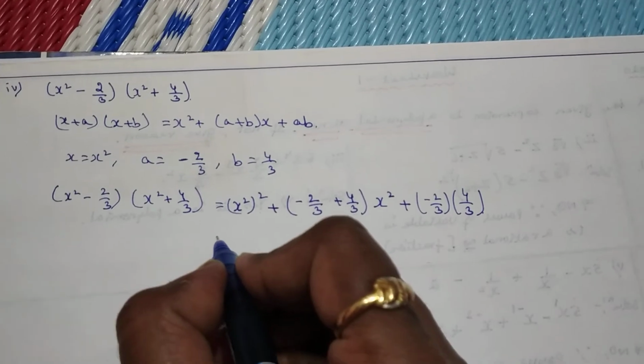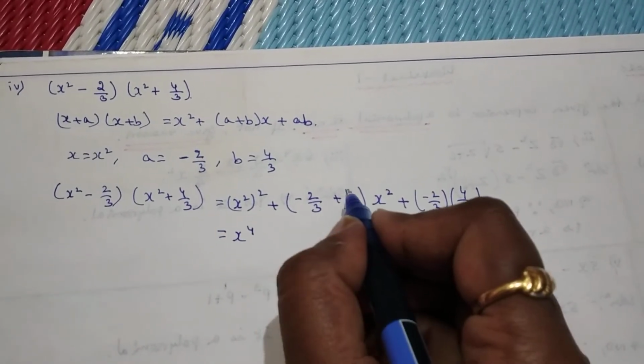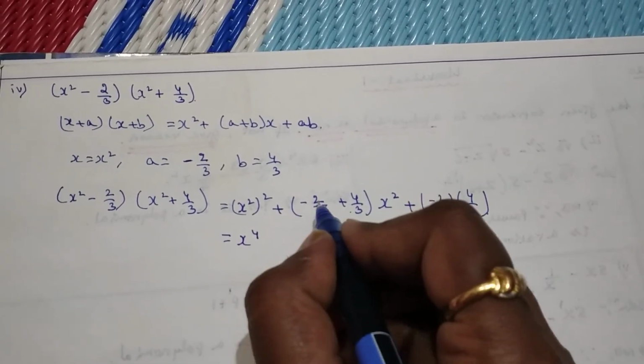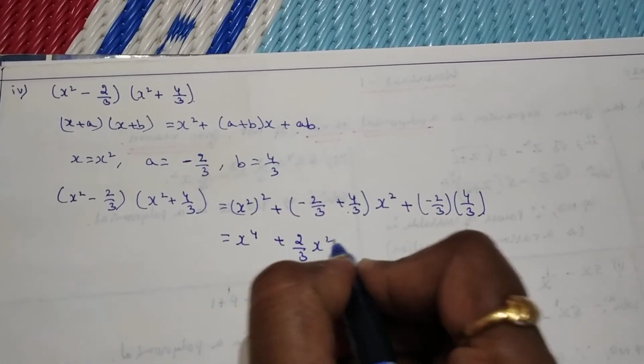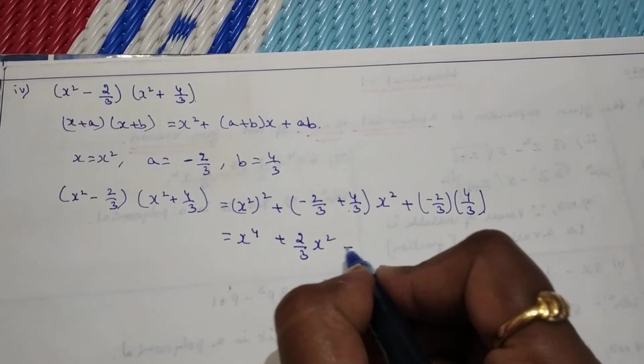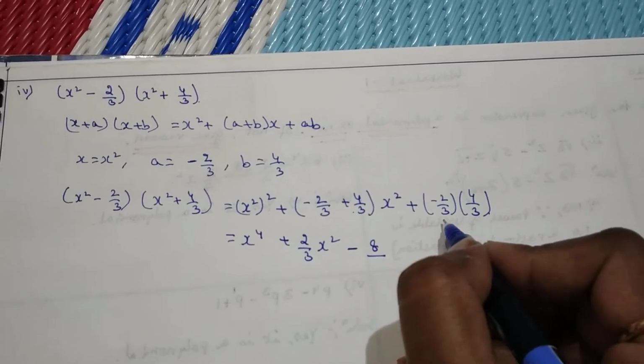Simplify here, x to the power of 4. Since the denominators are the same, directly you can subtract. 4 minus 2 is 2. So 2 by 3 x square, plus into minus is minus. Any cancellation? No. Then 4 2s are 8 by 3 3s are 9.